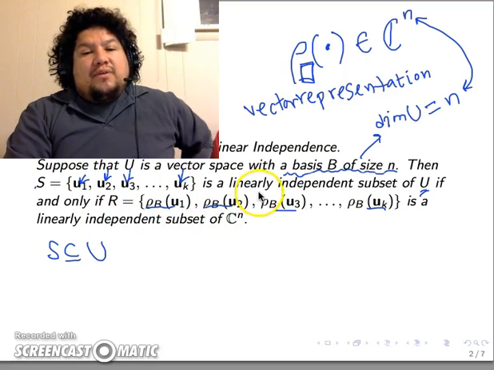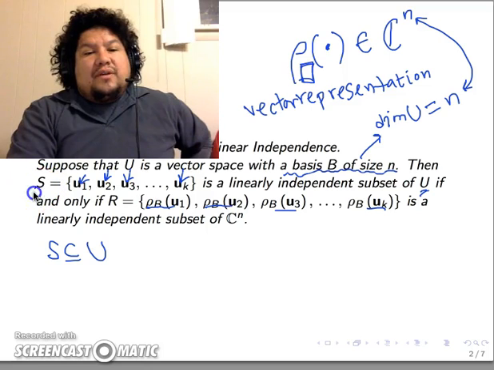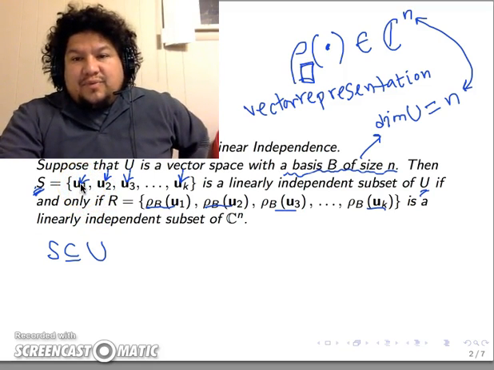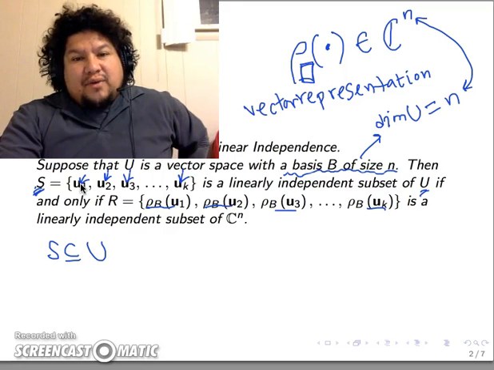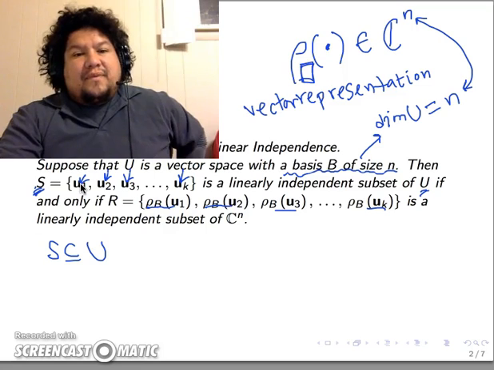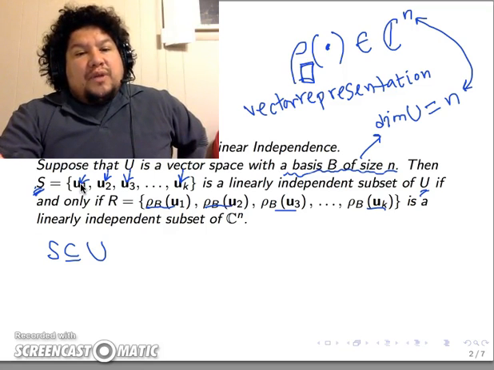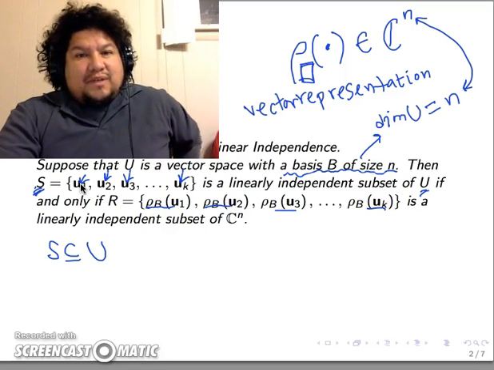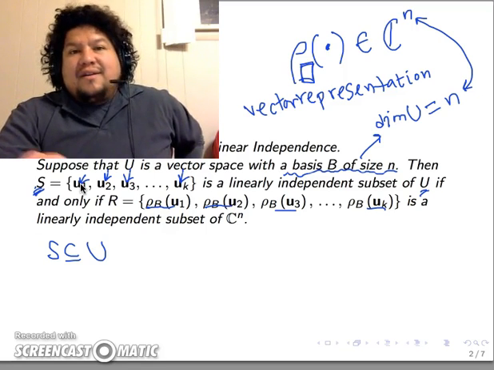And so what we want to establish here is whether or not this set of members of U, where each of these members u sub j is called a vector in the general sense of being a member of vector space U, is linearly independent. Even though we don't know explicitly what these u's are, this vector space U could be a space of polynomials of degree n, or a space of matrices, or a space of functions.